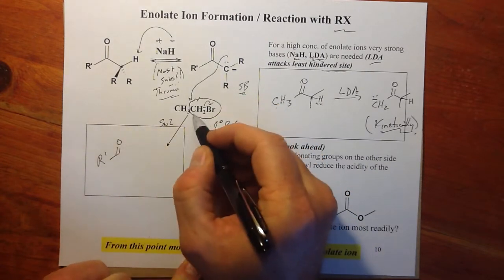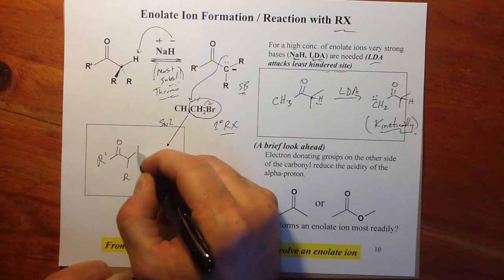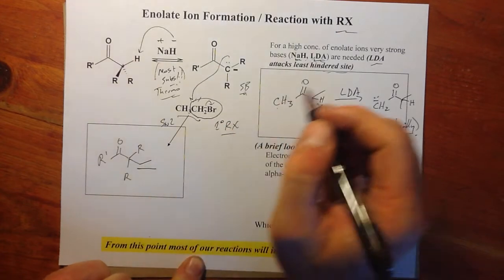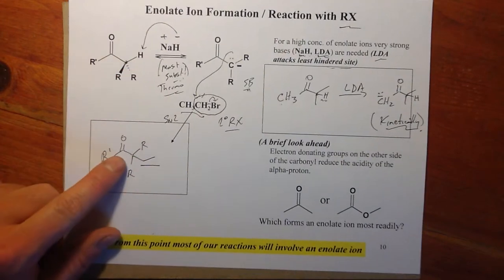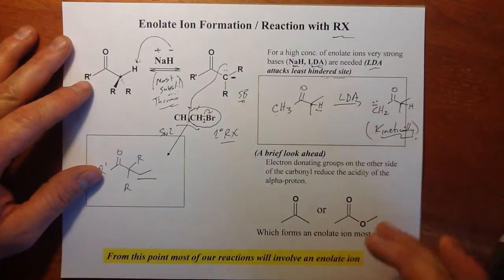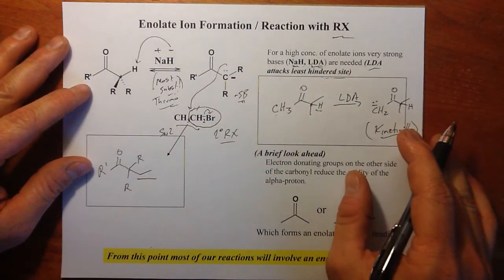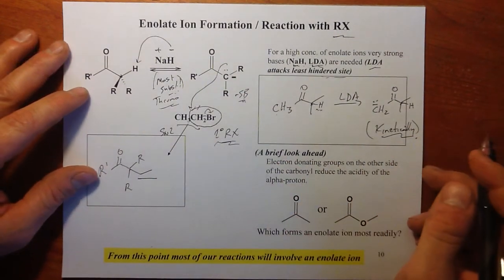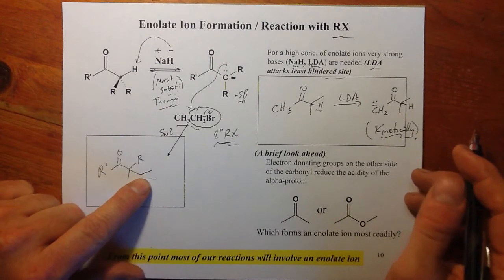There's no stereochemistry here that we have to consider. So we would just have the ethyl group added to the alpha, substituting the proton at the alpha position. That's pretty straightforward. Hopefully, again, remembering these are strong bases, if we'd had a secondary alkyl halide, we might see more E2 chemistry. So we really are limited to primary alkyl halides if we want alpha alkylation.